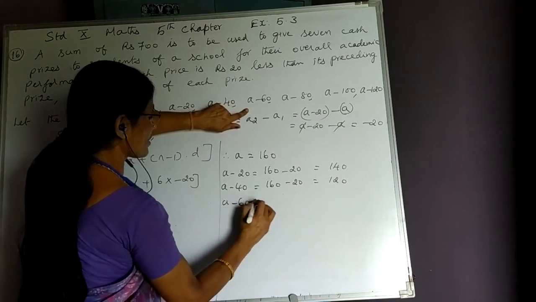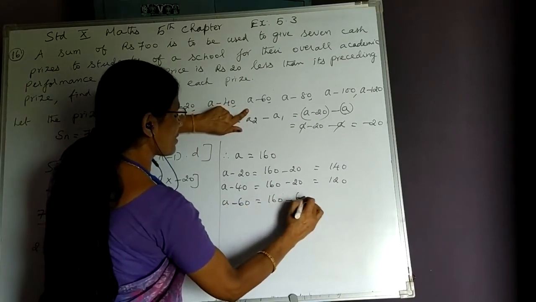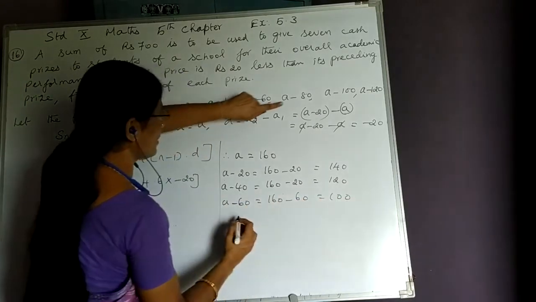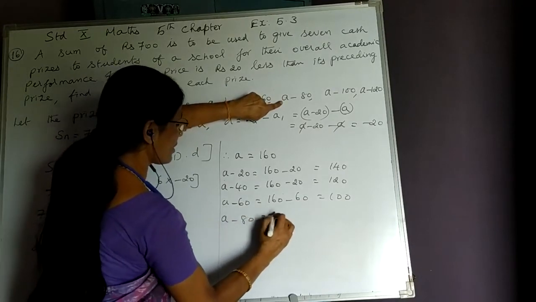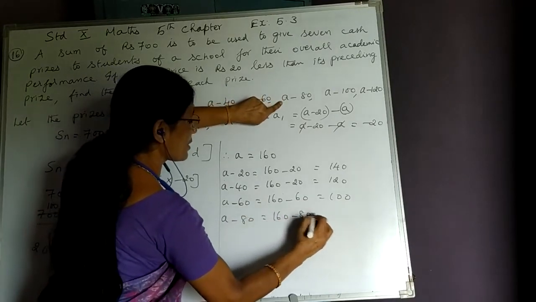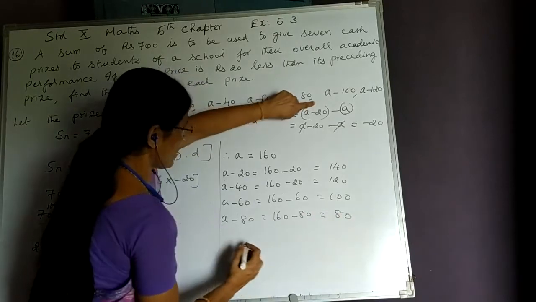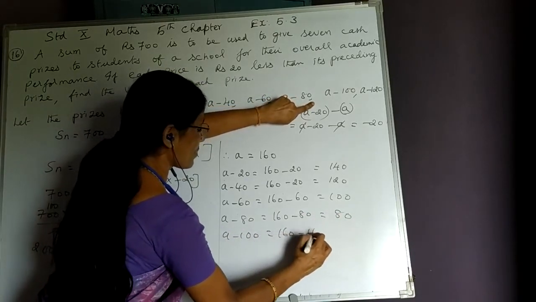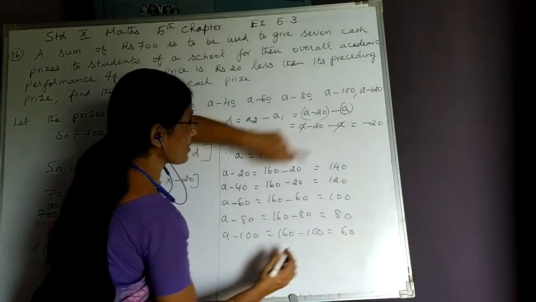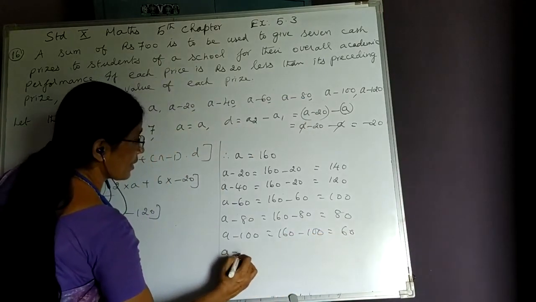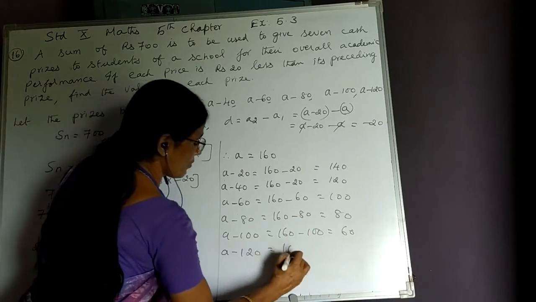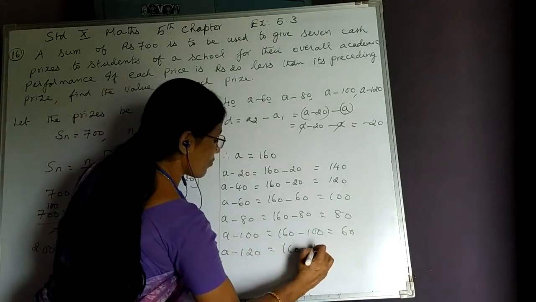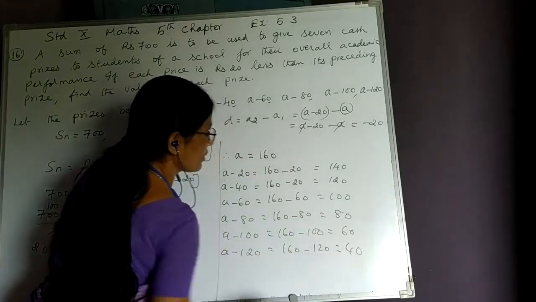Then A minus 60, 160 minus 60, 100. A minus 80, 160 minus 80, which is 80. A minus 100, 160 minus 100, which is 60. And the last prize is A minus 120, which is 160 minus 120, which is equal to 40.